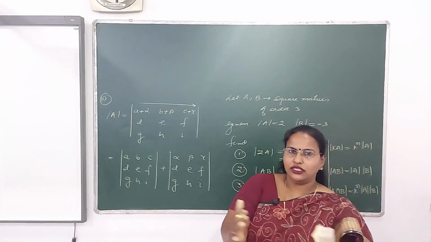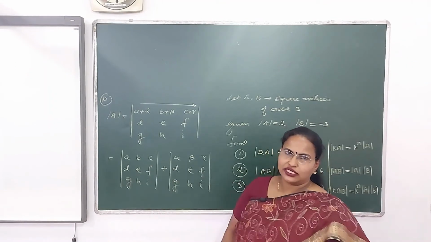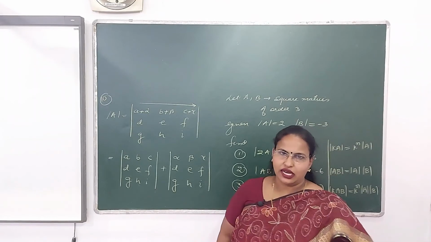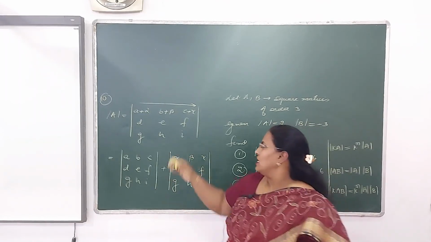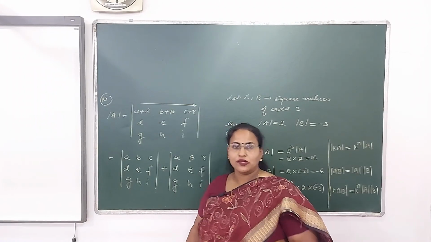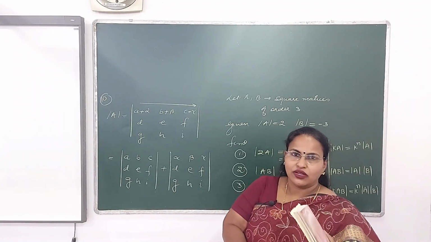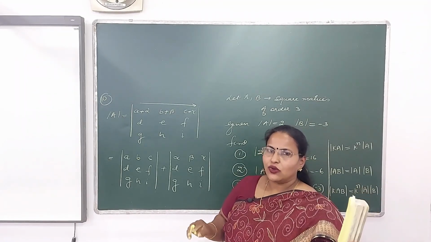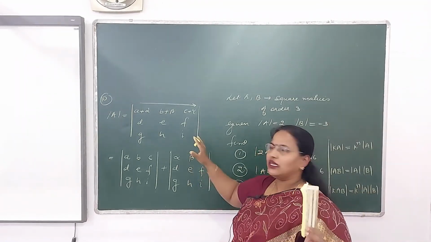So you can break the determinant as a sum of two determinants. So at a time only one splitting can be done. If suppose the second row is also like the same, then you will be splitting it the second time. Okay, at a time only one splitting to be done. So I hope children you are understanding this.